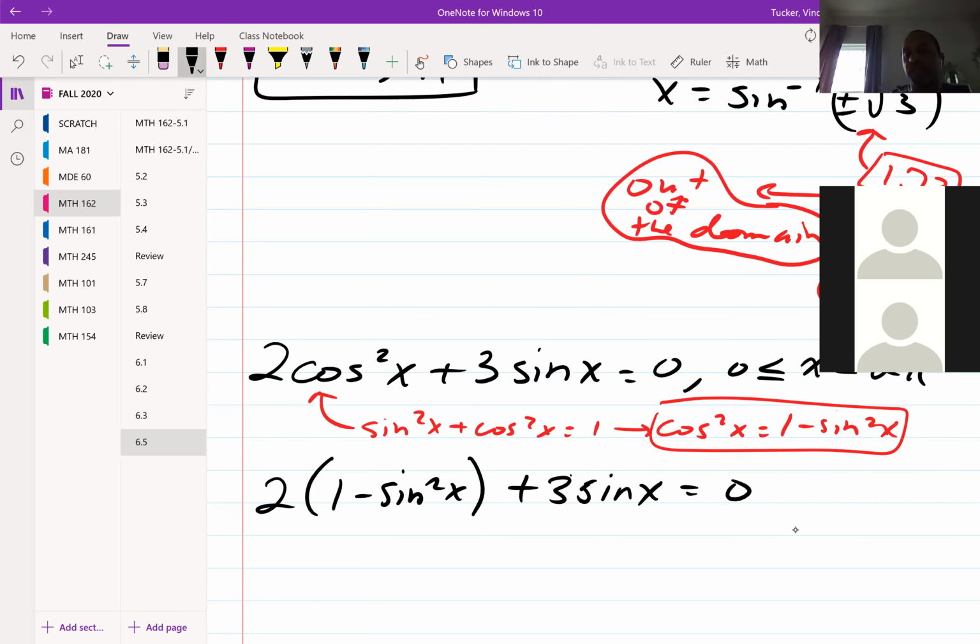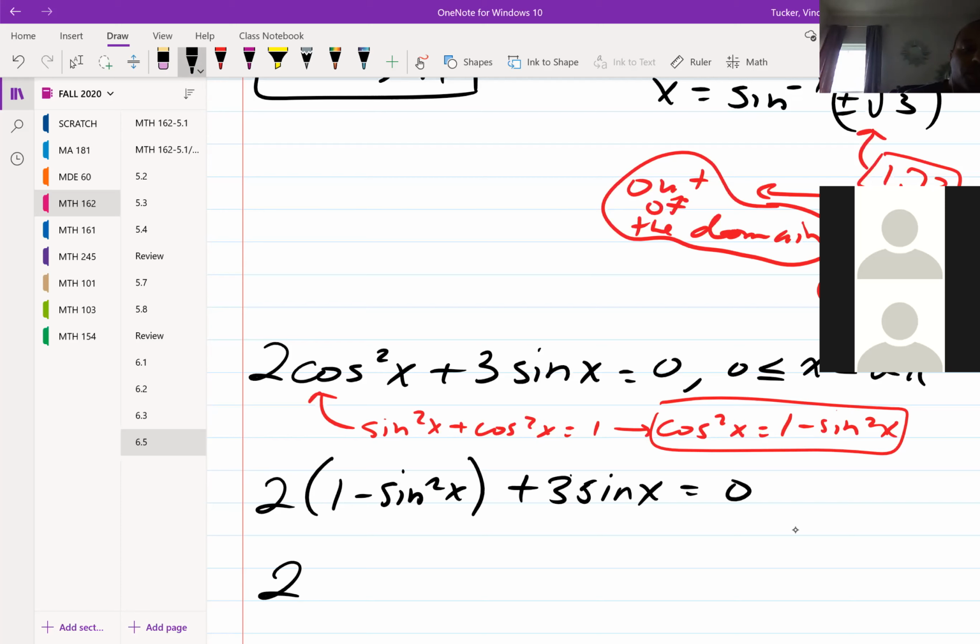Just like the last one, we didn't turn all the tan to sine because if you looked ahead, you could see that you could factor them out like we did here. But in this one, that's not really an option. So turning cosine squared to sine would have been the easiest option. Then that can set us up for a quadratic scenario.